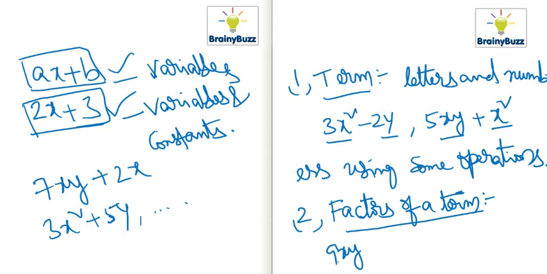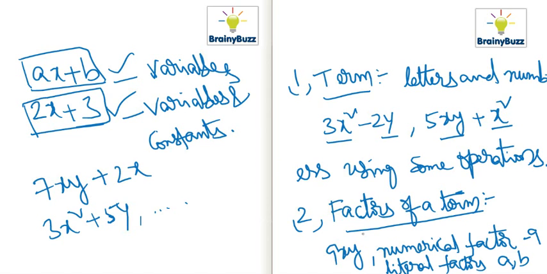In this, the numerical factor is 9 and literal factors are x and y. Here a constant factor is called numerical factor and a variable factor is called literal factor. This is the numerical factor and these are the variable factors.